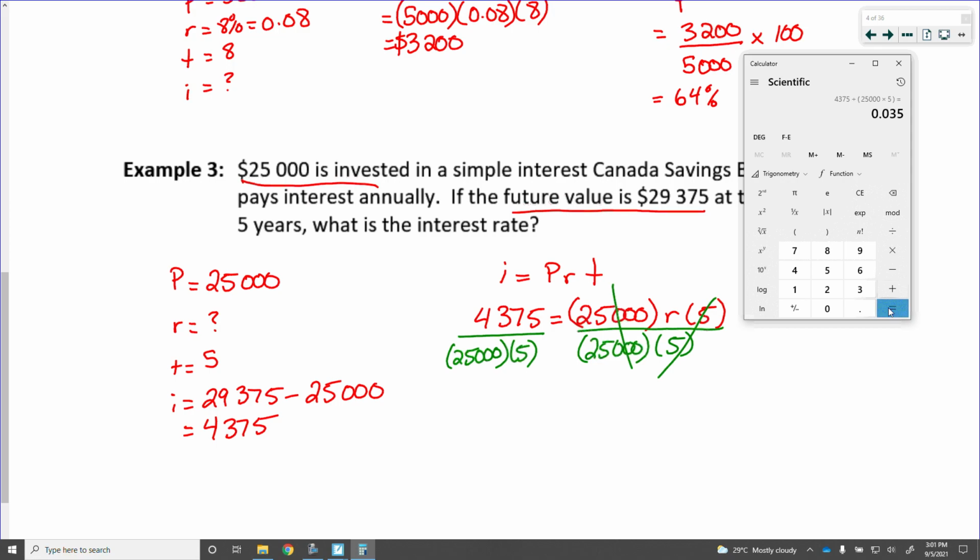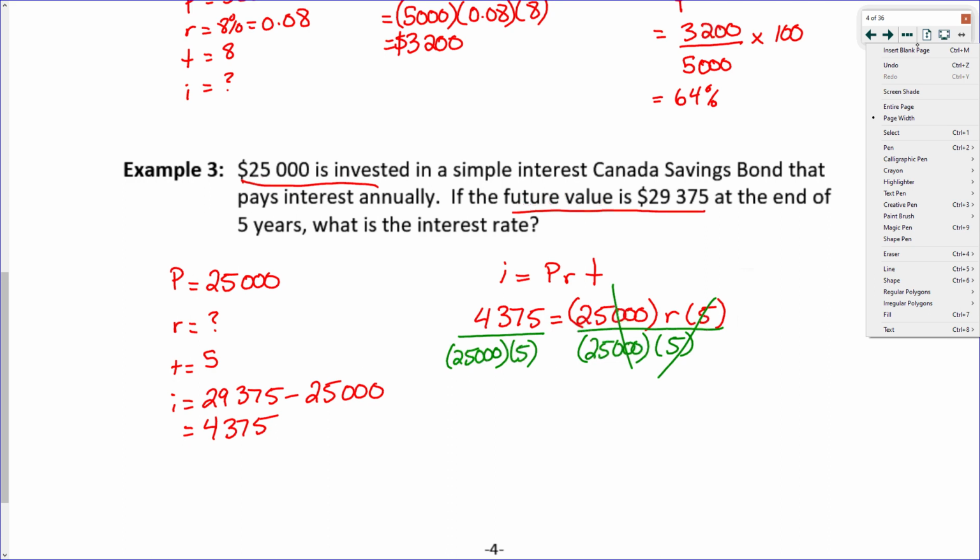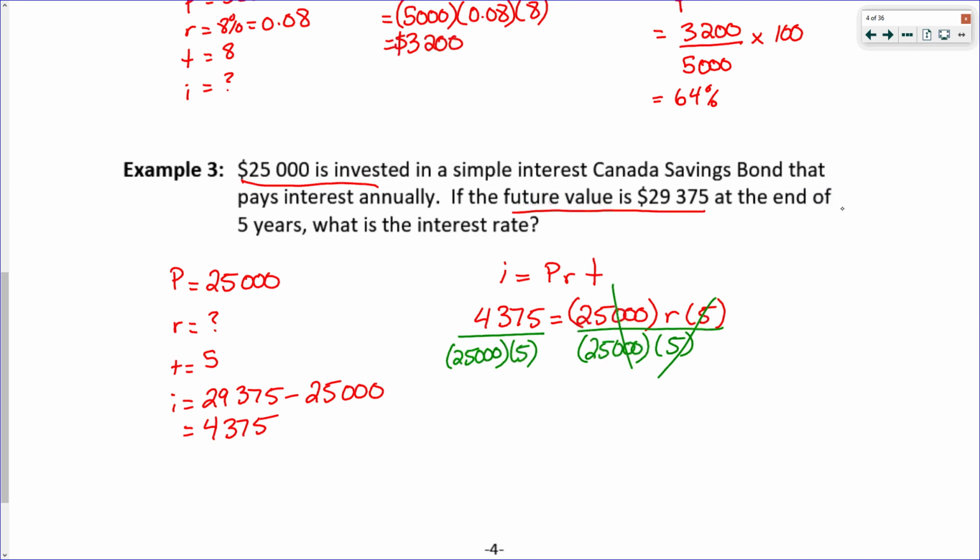And so I get 0.035, which is equal to my R. So that's my percent as a decimal because that's how it works in the formula. So I'm going to take that and times it by 100, and that'll get me my actual percent, so 3.5%. So the interest rate for this investment was 3.5%.